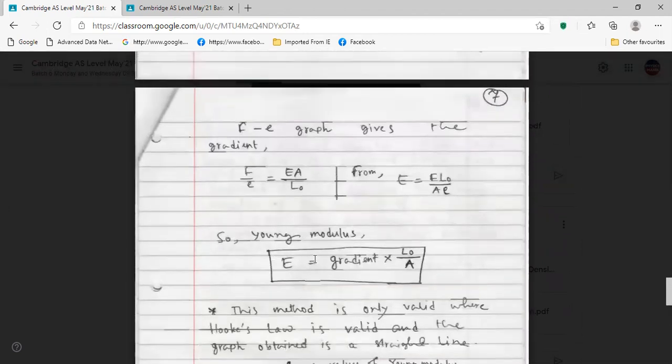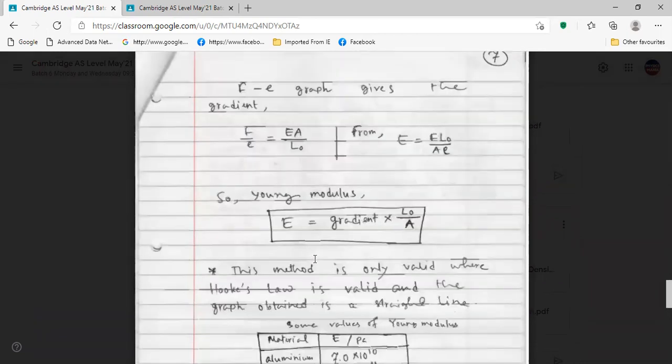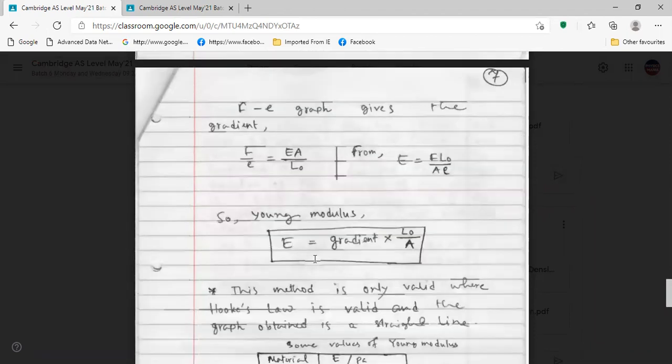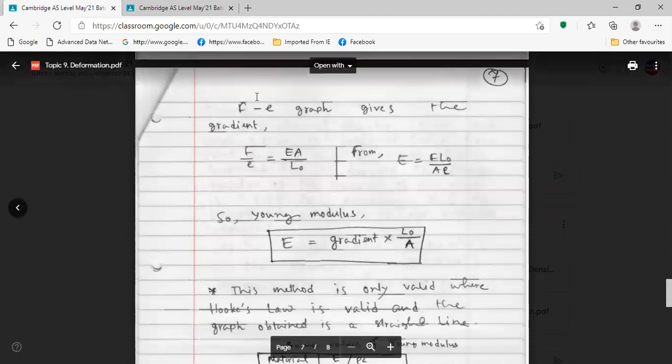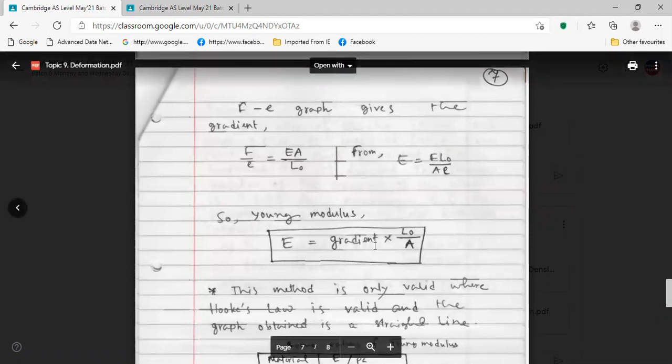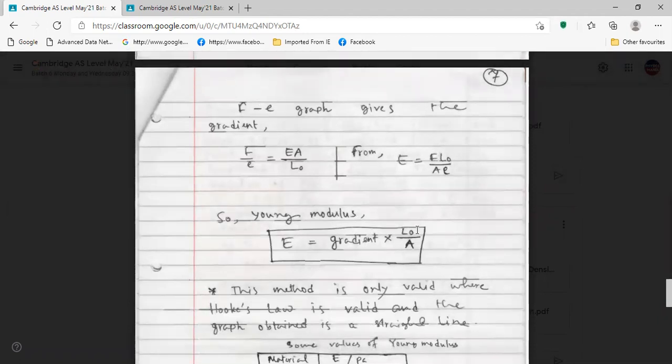There we get the gradient from the force extension graph, the ratio of F and E. We know the original length L0 of the wire, and the cross sectional area we measure using the micrometer screw gauge.